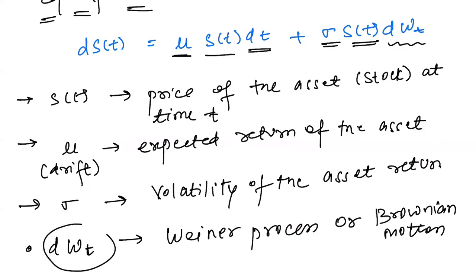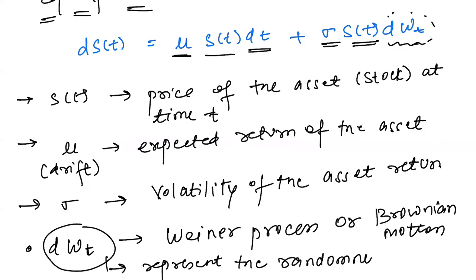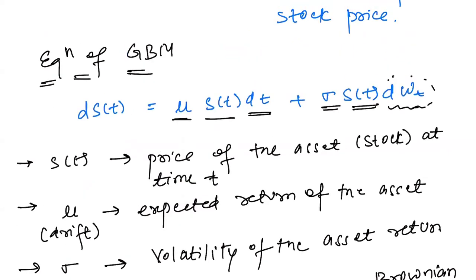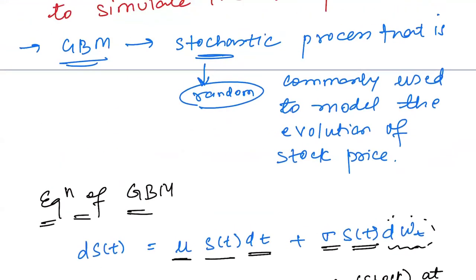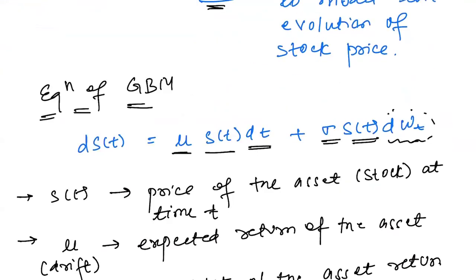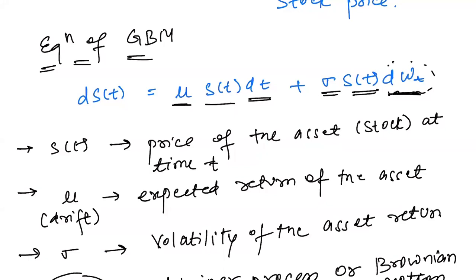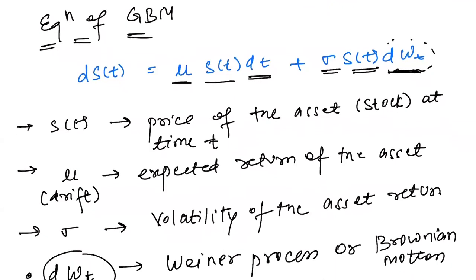This part represents the randomness. And when we say stochastic, the meaning of stochastic was nothing but random. So this part represents the randomness.